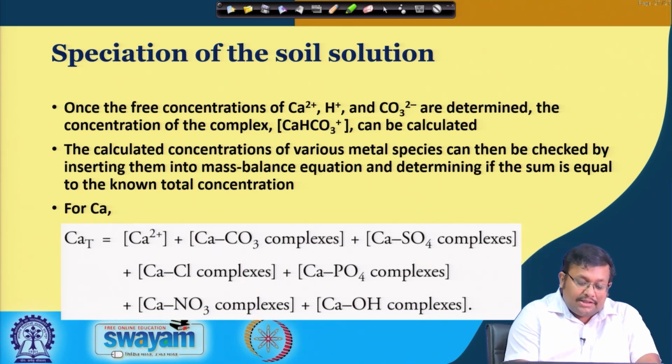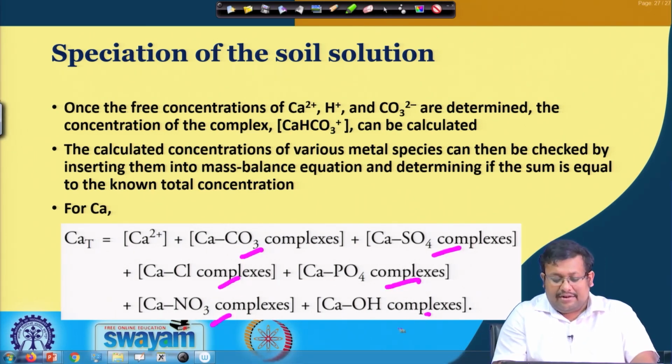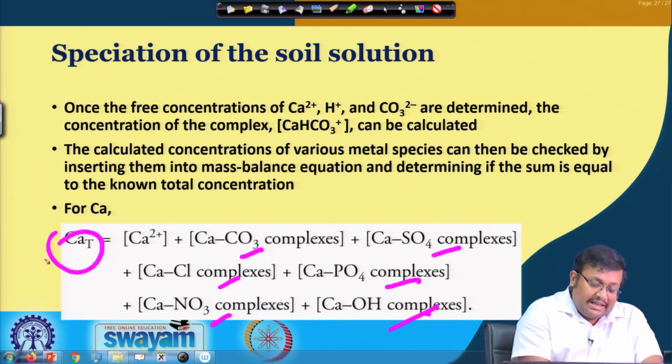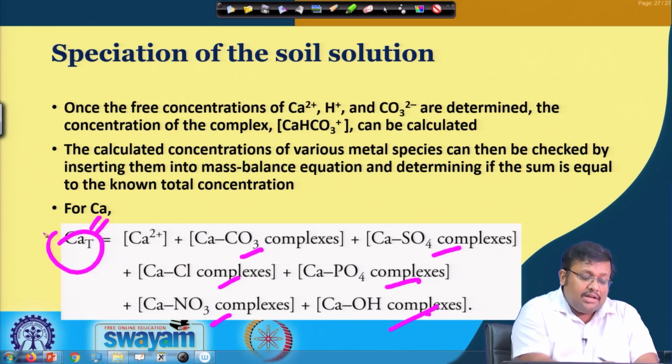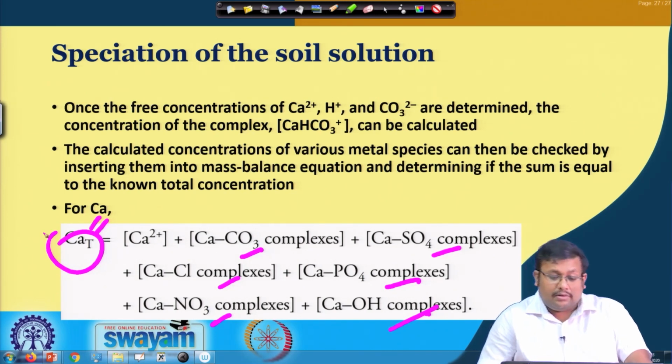So, once we calculate the concentrations of these species and input those values, we can see whether the summation of all these equals the total calcium, and then we can say that yes, this is the correct calculation.